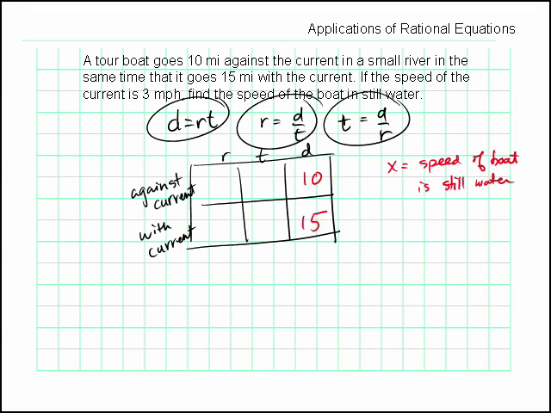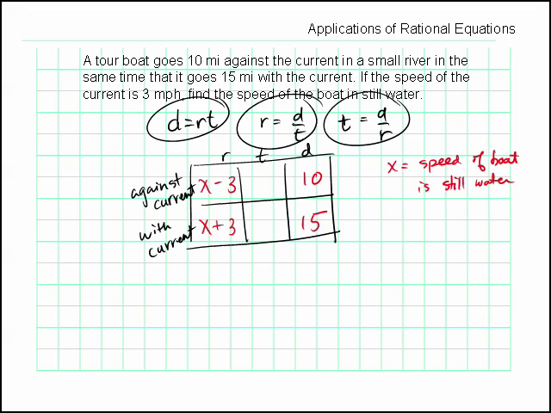You're going to go your speed, the speed of your boat, plus the speed of the current, so x plus 3. However, if you are going against it, the 3 mile per hour current is going to slow you down, so we're not going to go x, we're going to go x minus 3. Anytime you have a rate time distance problem where you're going against something or with something, then we have this x plus and x minus.